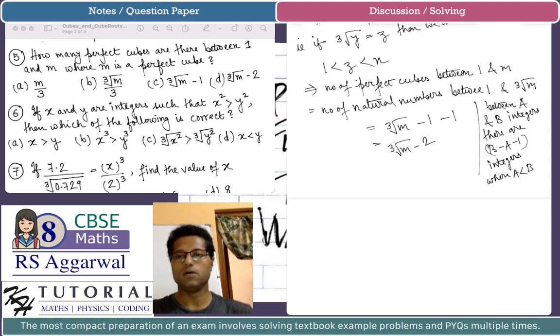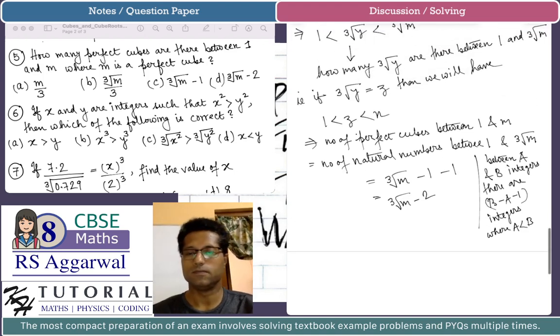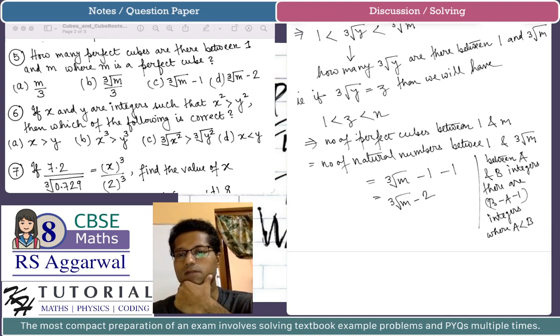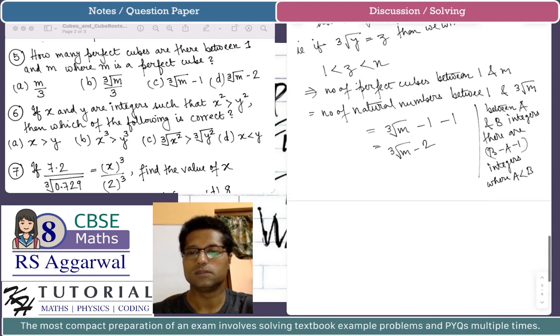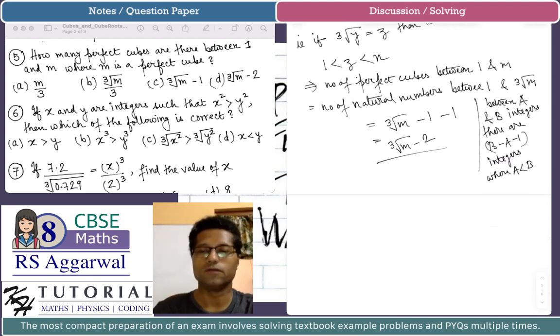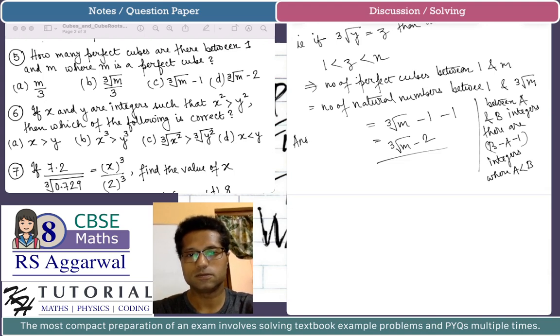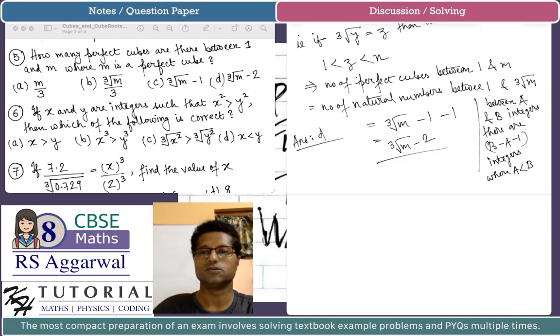So similarly, if we have to find all the natural numbers z which lie between 1 and n, it will be n minus 1 minus 1, which is n minus 2. And what is n? We have already assumed n to be cube root of m. So the answer is cube root of m minus 2. So the correct choice is D. D is the correct choice.